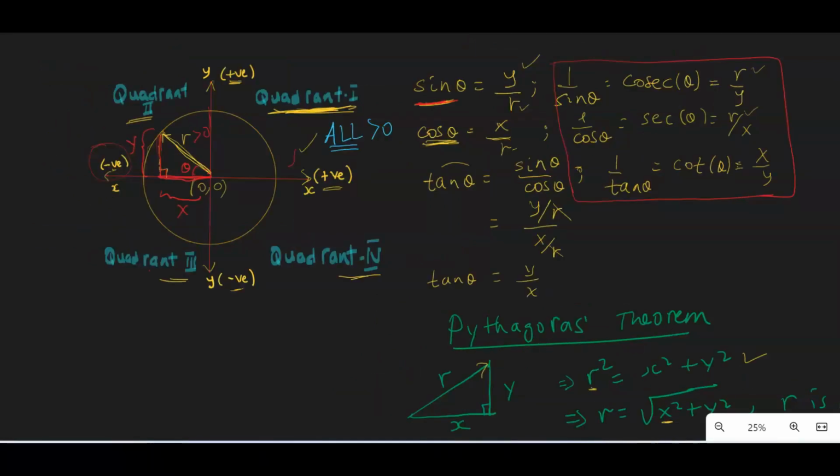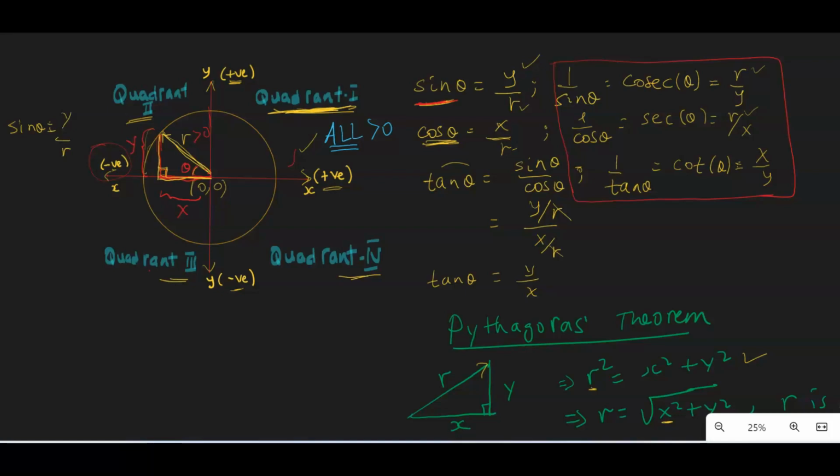Let's construct a right angle triangle here with an angle of theta, adjacent side x and opposite side of y. So sine of theta is equal to opposite side y divided by hypotenuse, which is r.